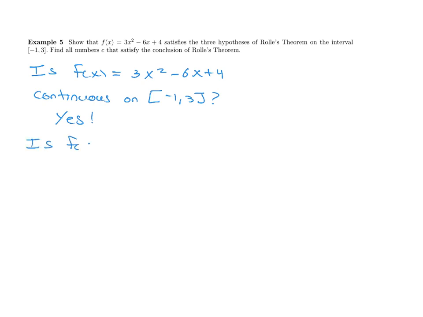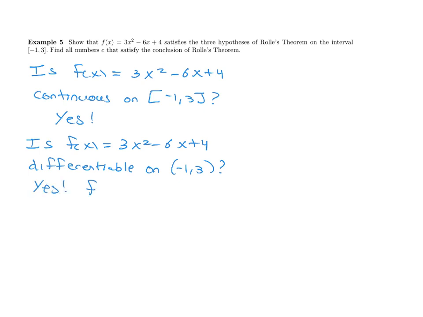Is f of x, again equaling 3x squared minus 6x plus 4, differentiable on the interval from -1 to 3, inside that interval? Meaning, can you take the derivative and does it exist there? The answer is also yes. Again, if you take the derivative, we get 6x minus 6.